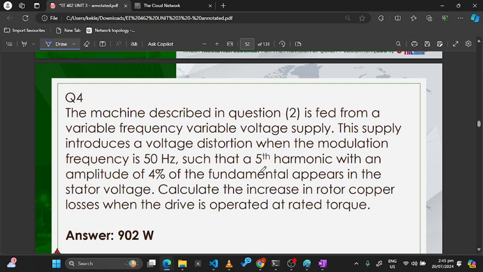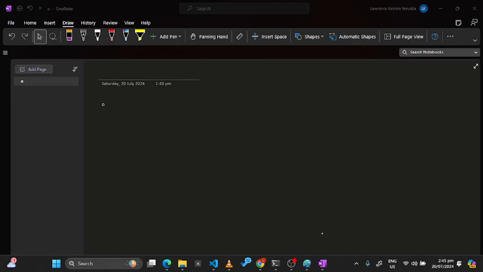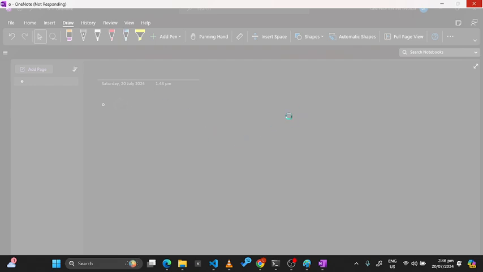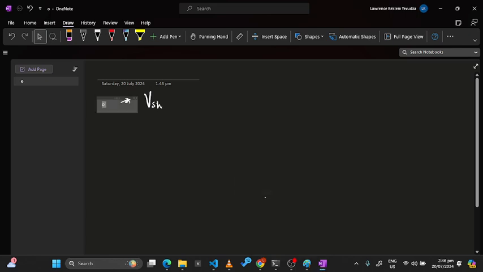So we said that whenever you have harmonics, they cause increased losses. So now we are going to calculate the increase in the rotor copper losses when the drive is operated at rated torque. Is that okay? So first of all, we need to find this stator harmonic voltage.